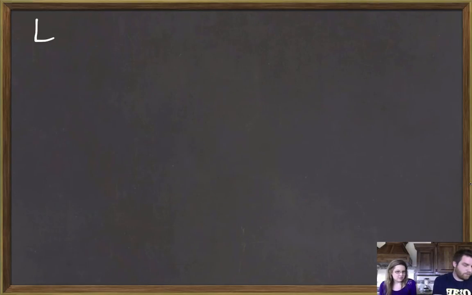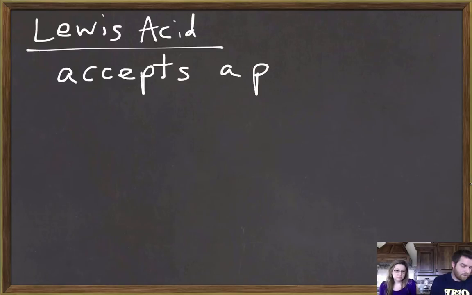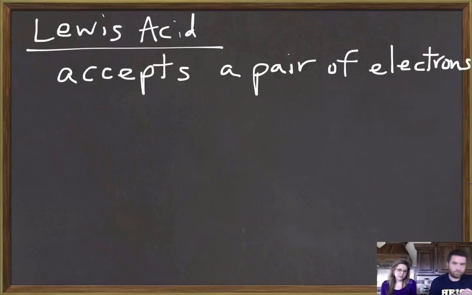First, let's talk about what is a Lewis acid. A Lewis acid is any substance that accepts a pair of electrons. We've seen that acids are usually donors. Now we're saying acceptors, so pay attention to accepts.